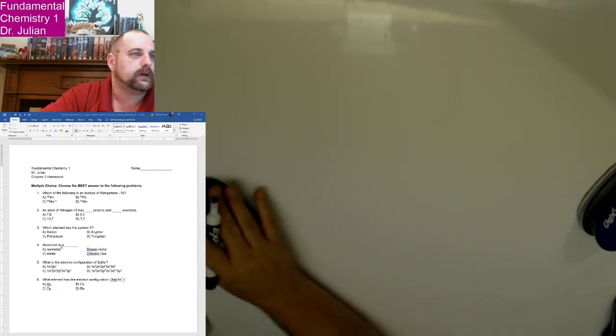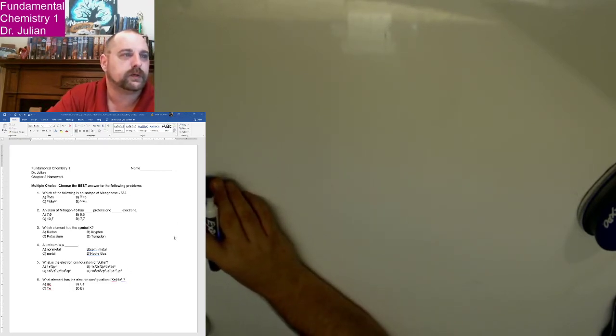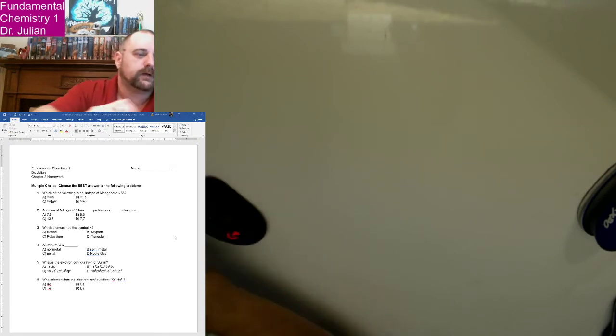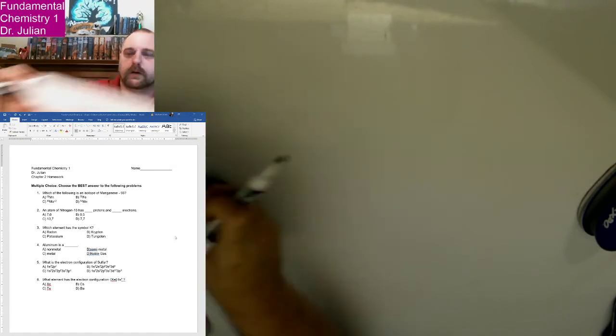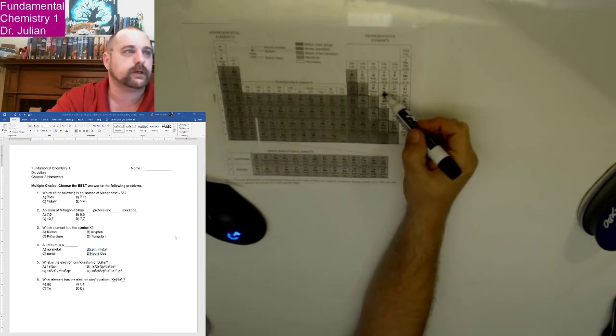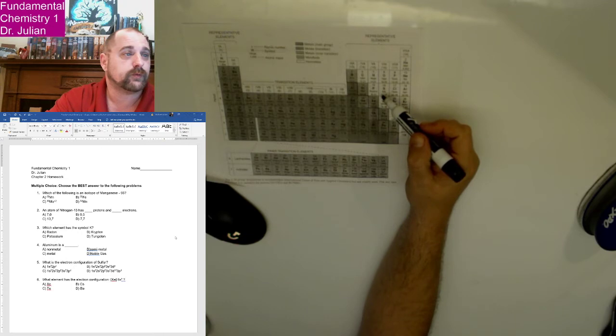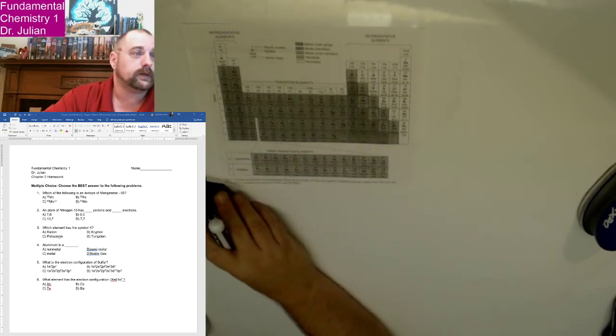All right, so now the next one. What is the electron configuration of sulfur? So I find sulfur. Here it is. And I'm going to double check: did they want the long form or the short form? Looking at these, all of these are long form.